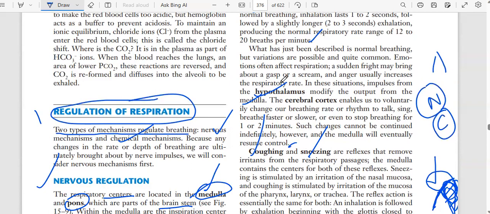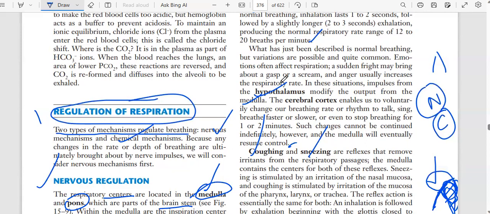So basically, the main centers are the medulla and pons. But we are humans, we have emotions. That's the reason that while crying, the respiratory rate sometimes increases or decreases, while singing or while fighting.